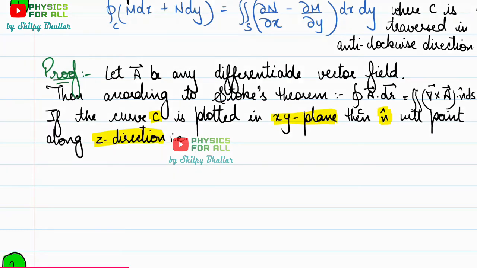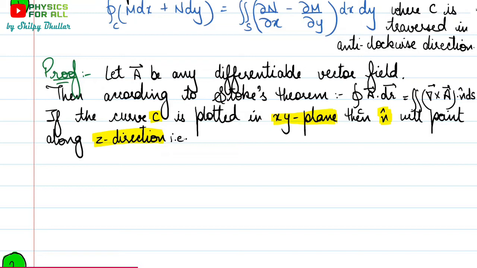As you know, we have plotted the curve in the xy plane. When we talk of a surface or a plane, you know now that a unit vector is always associated with it. Whenever we have an area, we always consider n cap, the unit vector which points in the direction perpendicular to that surface.